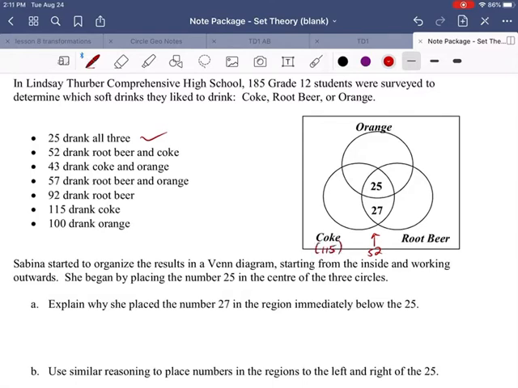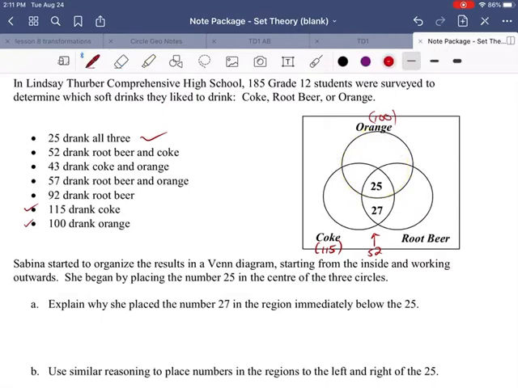So I'm just going to label that there for now, but we can't really put that in here, because we can't put 115 there. So we're going to just put it on the side to remind us that we've got 115. All right, so we've kind of figured that part out. We've got 100 drank orange, so let's put that up there, meaning that anything inside this circle is going to add up to 100. Still can't fill in any information here.